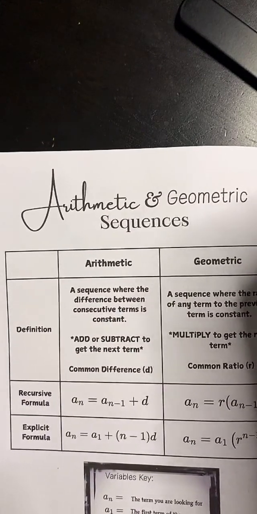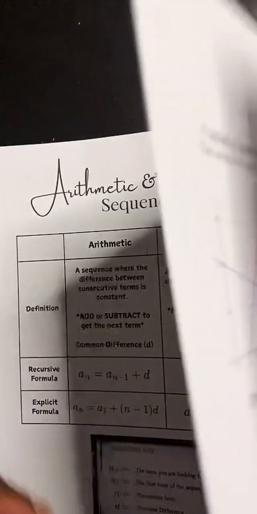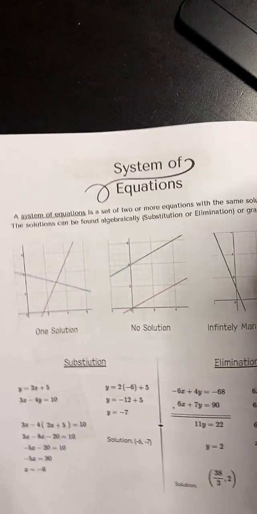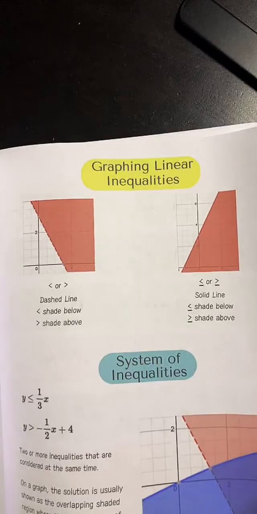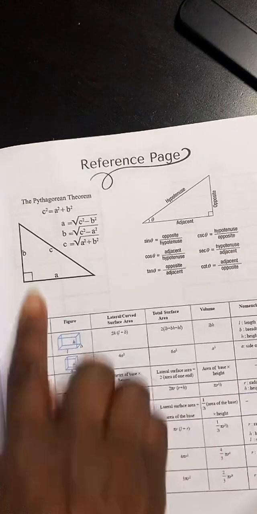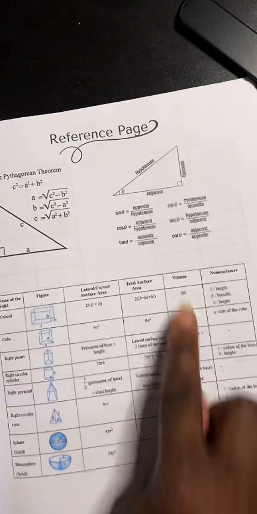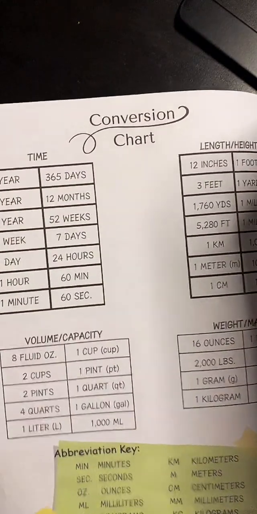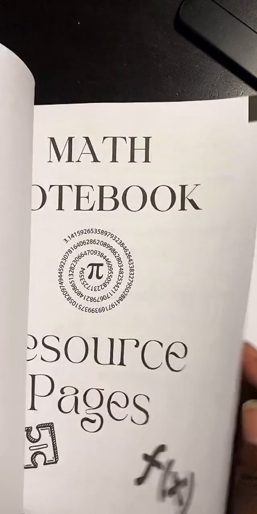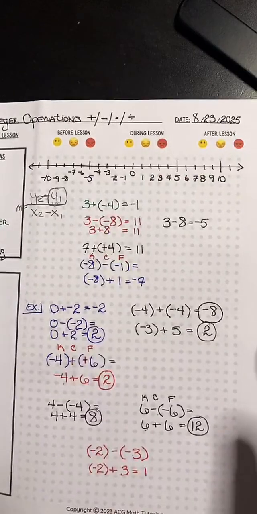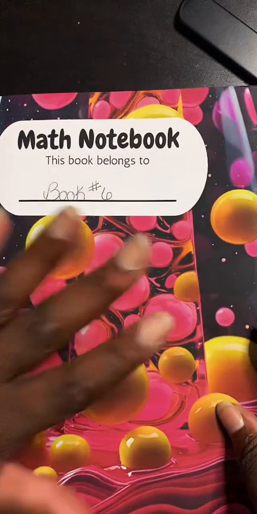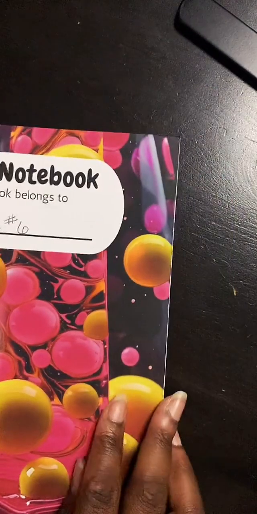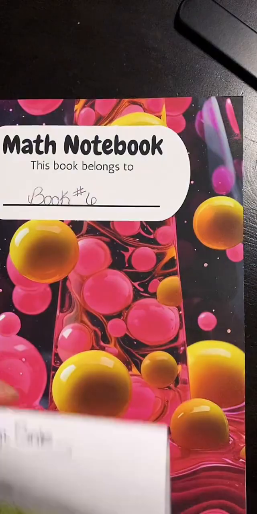Then you have your arithmetic and your geometric sequence, as well as your system of equations, systems of inequalities, graphing linear inequalities, Pythagorean theorem, a little bit of trig, volume, surface area, area and perimeter. So it has all the things and all the major formulas, especially this book in particular, which is designed for pre-algebra and algebra 1.